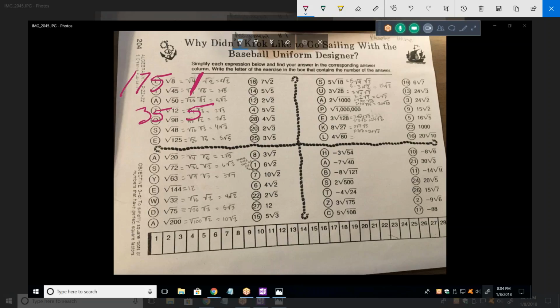Can I cut 35 in fifths? Yes. It becomes 7. I got to multiply that by 5. Now I just found a perfect square number. 25 is a perfect square number. So I don't have to keep looking.